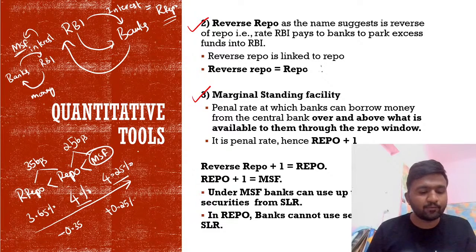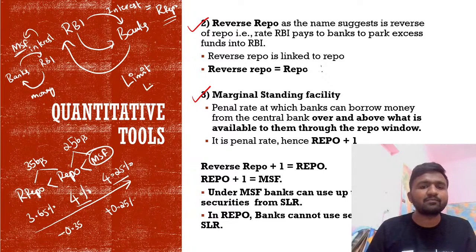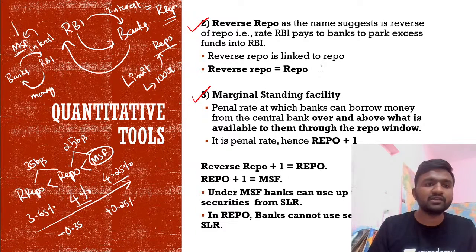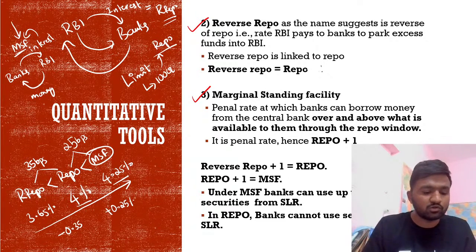Sir, when we have repo, why we need MSF? In repo, there will be a certain limit. Consider a bank can borrow only 100 crore with repo rate. What if the banks need more than 100 crore? Then also they can take, but at that time it will be on MSF, not on repo.